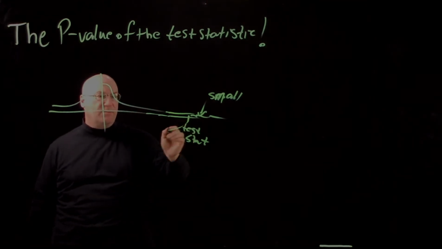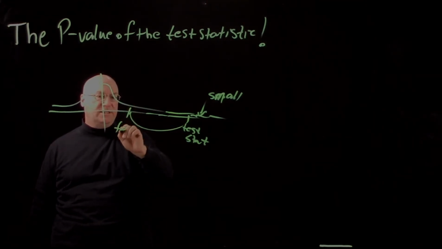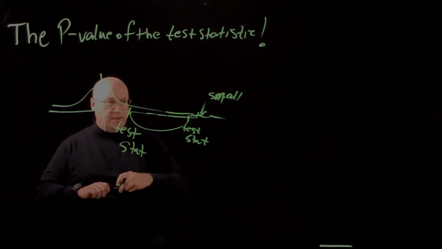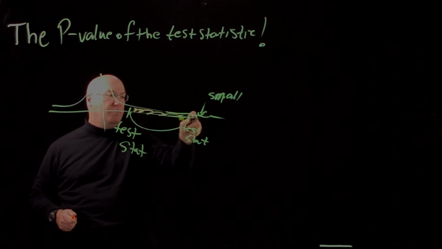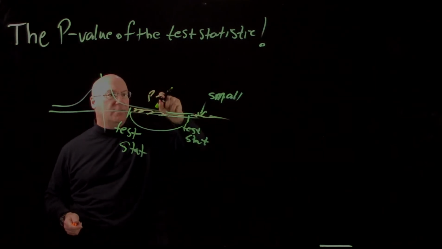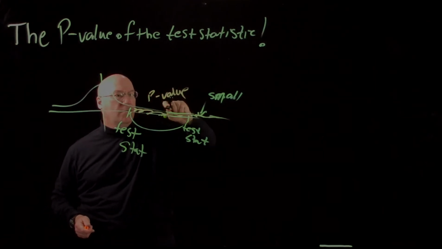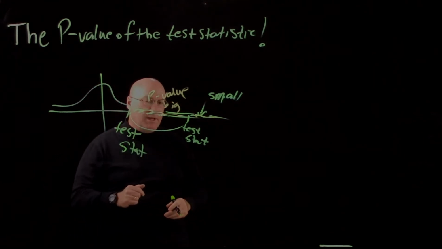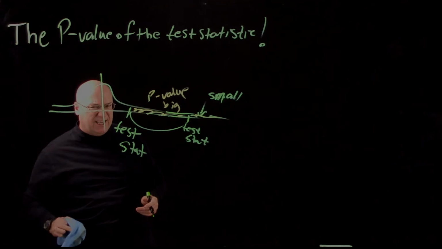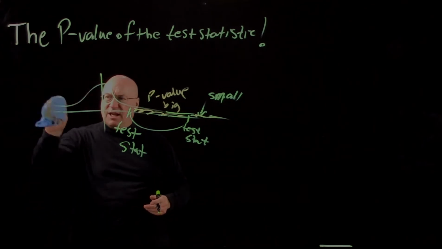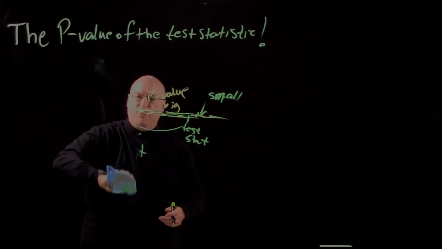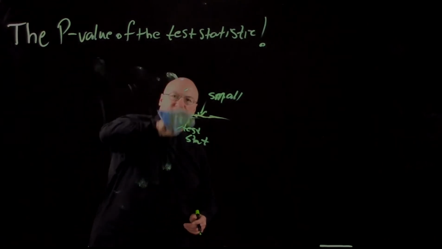If instead the test statistic is back here, and my p-value is big, and that's what I would be computing, I'd be computing the p-value to be big and then concluding, oh, my test statistic is in close enough that I don't necessarily feel like I can reject the null hypothesis, right? The value is not so extreme.